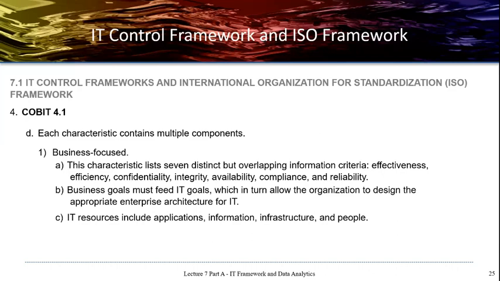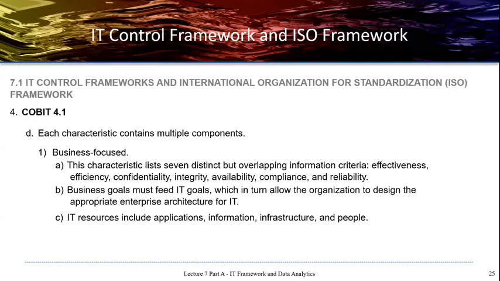Business focus. The characteristic lists 7 distinct but overlapping information criteria: effectiveness, efficiency, confidentiality, integrity, availability, compliance, and reliability. The business goals must feed IT goals, which in turn allows the organization to design the appropriate enterprise architecture for IT.